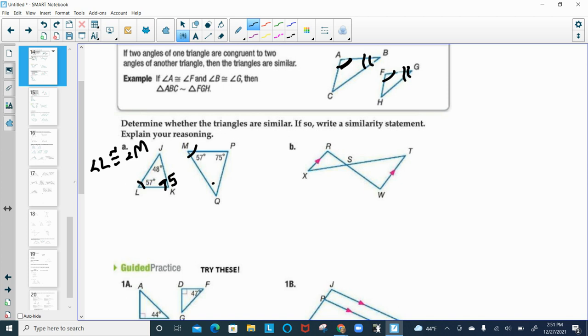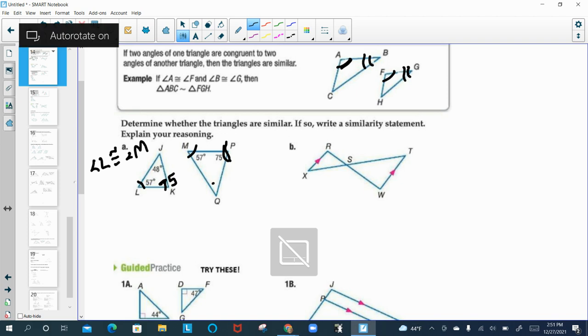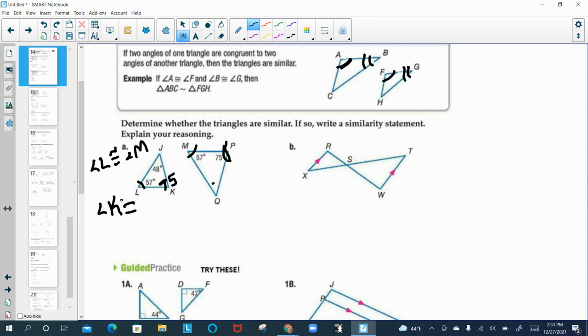Well, that's very convenient because angle P is also 75. So angle K is congruent to angle P. I'm glad we didn't give up because now we have 2 pairs of congruent angles, and these triangles are similar by AA. That means that angle J and angle Q are going to be the same.